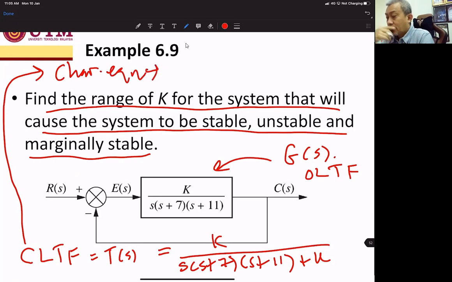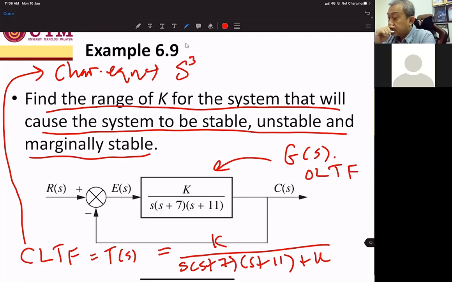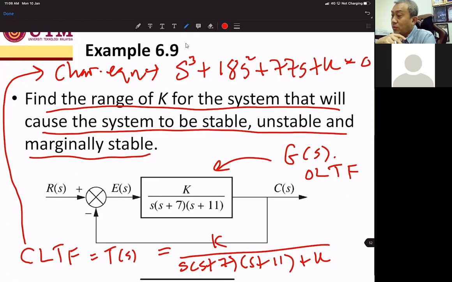What is the characteristic equation for this example? Read what I wrote: s cubed plus 18s squared plus 77s plus K equals 0.